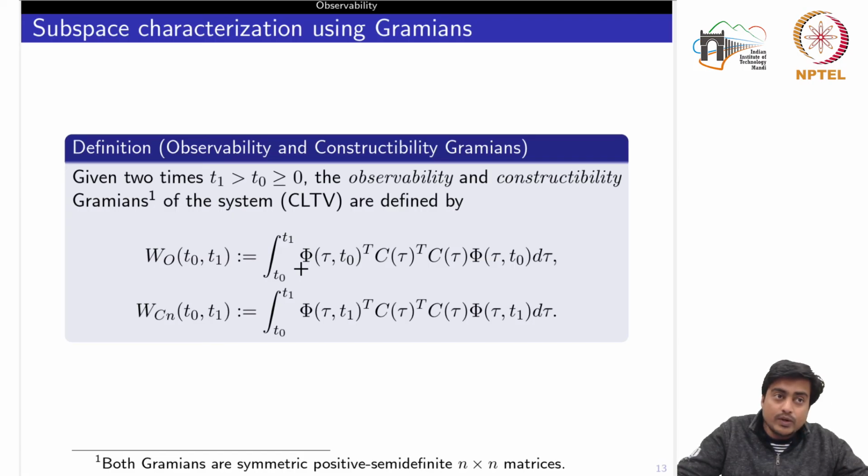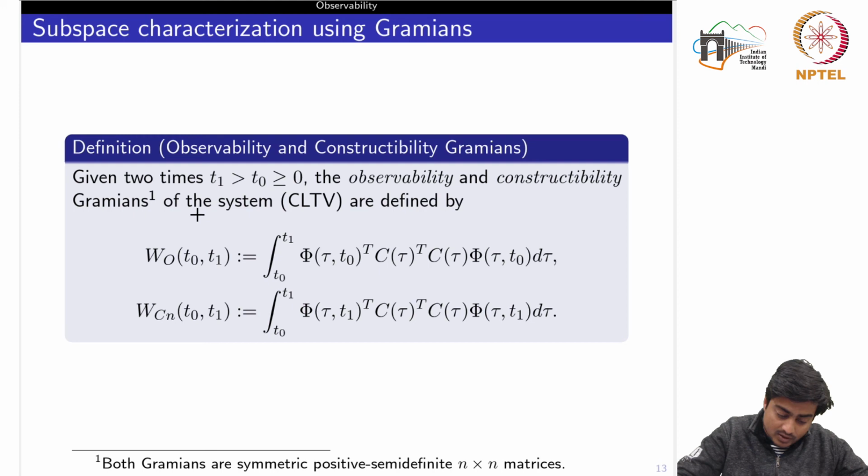So similar to what we had seen during the controllability week, where we introduced the gramians and characterized the subspaces using those gramians, first of all we will define the observability and constructibility gramians.